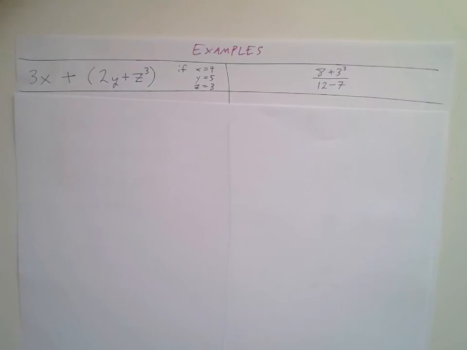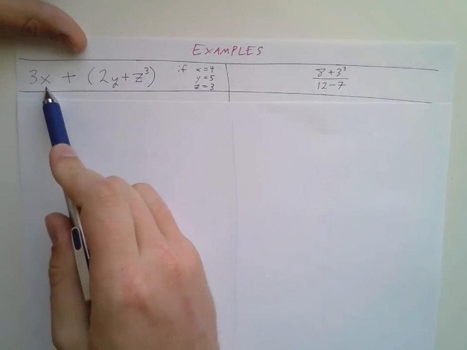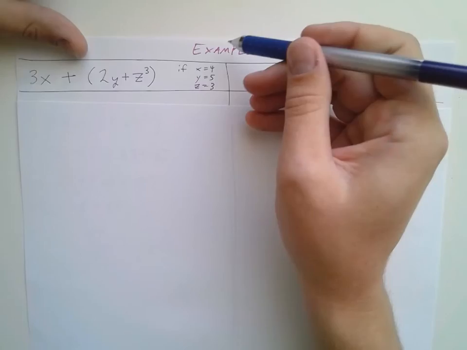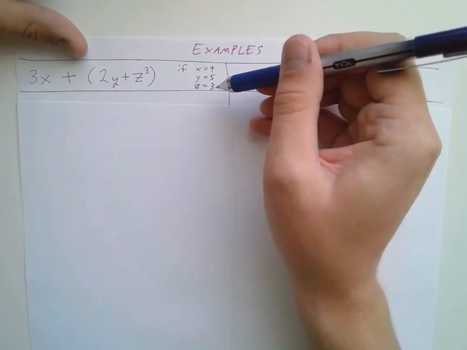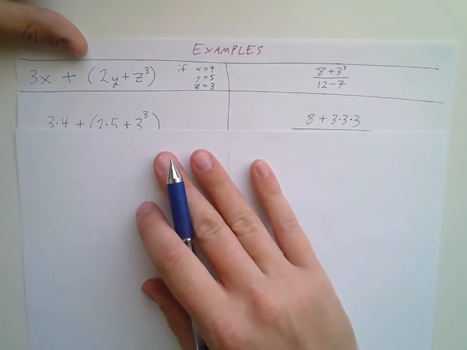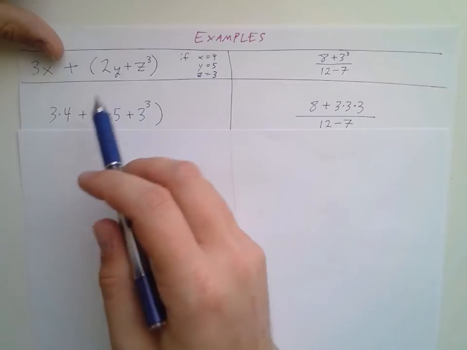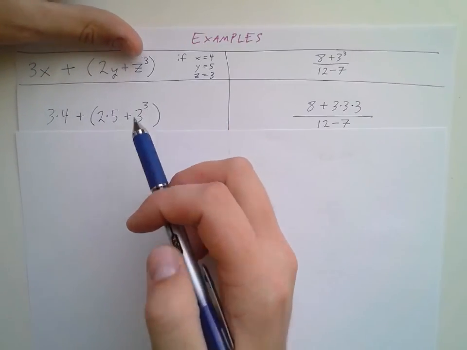Okay, I'll finish up with a couple examples here. So this one right here, 3x plus 2y plus z cubed. The 2y plus z cubed in parentheses. And it tells you x is 4, y is 5, and z is 3. So the first step, plug in those values. X is 4, y is 5, z is 3.